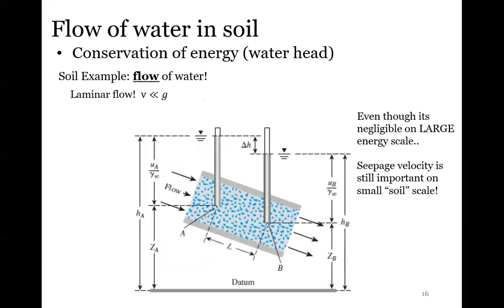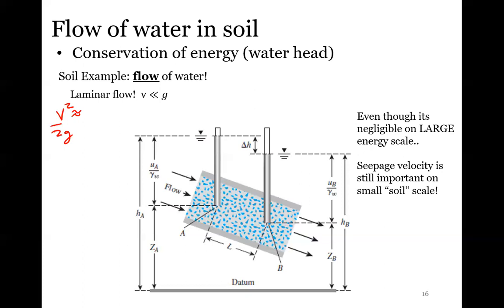So water flow occurs in soil, and what we assume with this, if we remember back to Bernoulli's equation, is that since it's laminar flow, this velocity head is equal to 0. So we say the velocity is so small that when we square it, it is so much less than our 2g here.